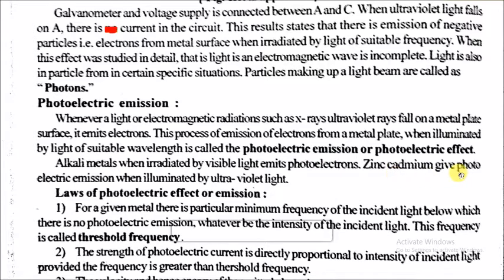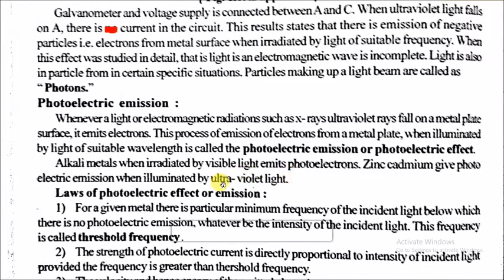Zinc and cadmium give photoelectric emission when illuminated by ultraviolet light. This means different metals require different types of light. Every metal has its own particular wavelength of photon for the photoelectric effect. Every metal is not suitable for every light.